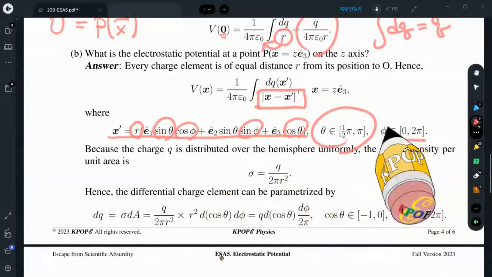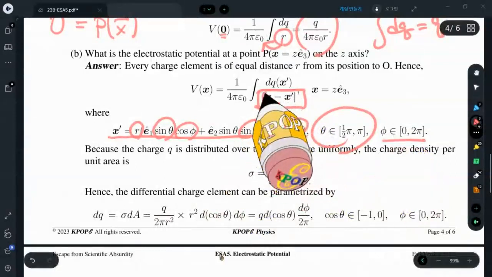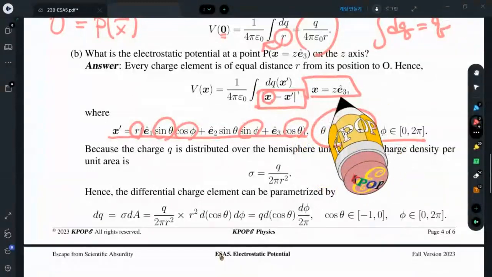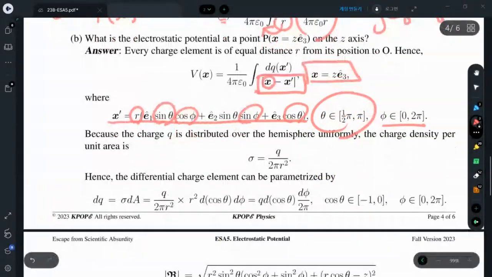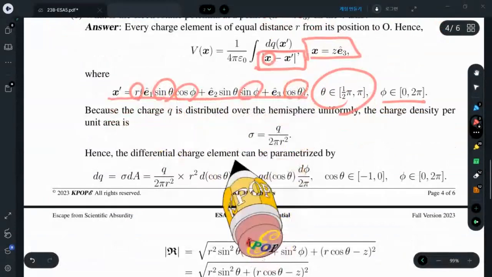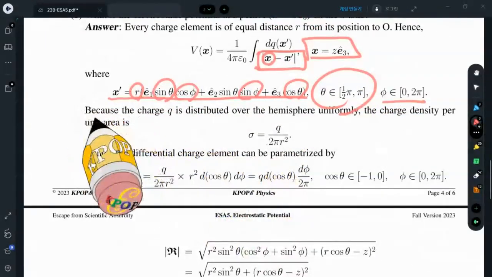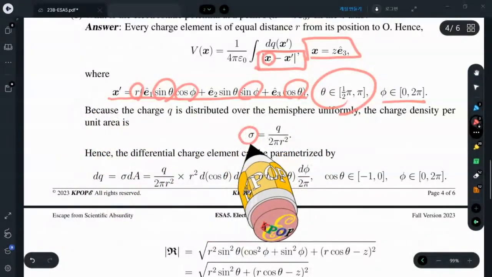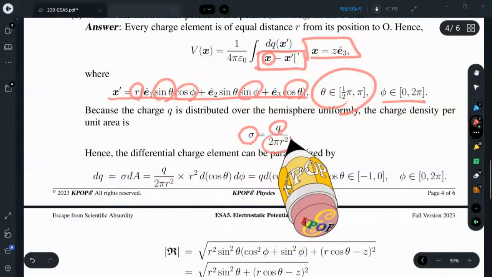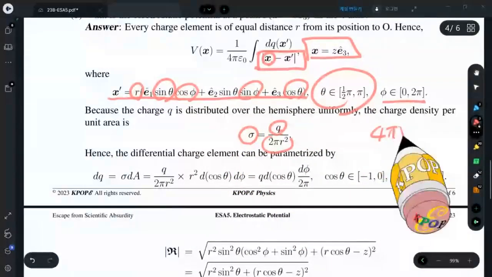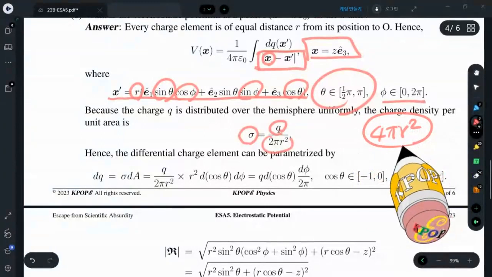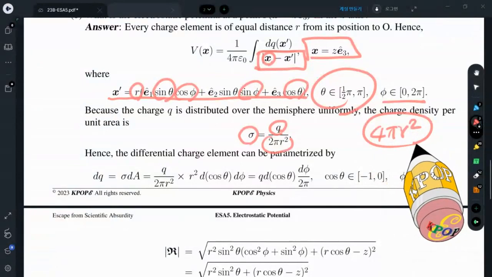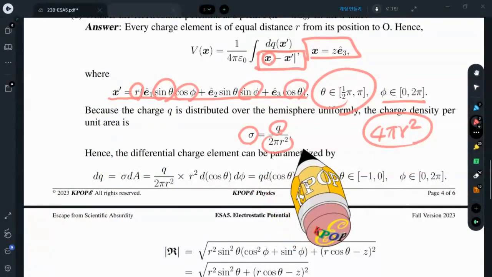So using this information, we have the x coordinate. This depends on the z component only. As we have done with the previous calculation, we can find the surface charge density. This is charge divided by area. 4 pi r squared is the area of the full spherical surface, but we cut it in half, so we have 2 pi r squared.